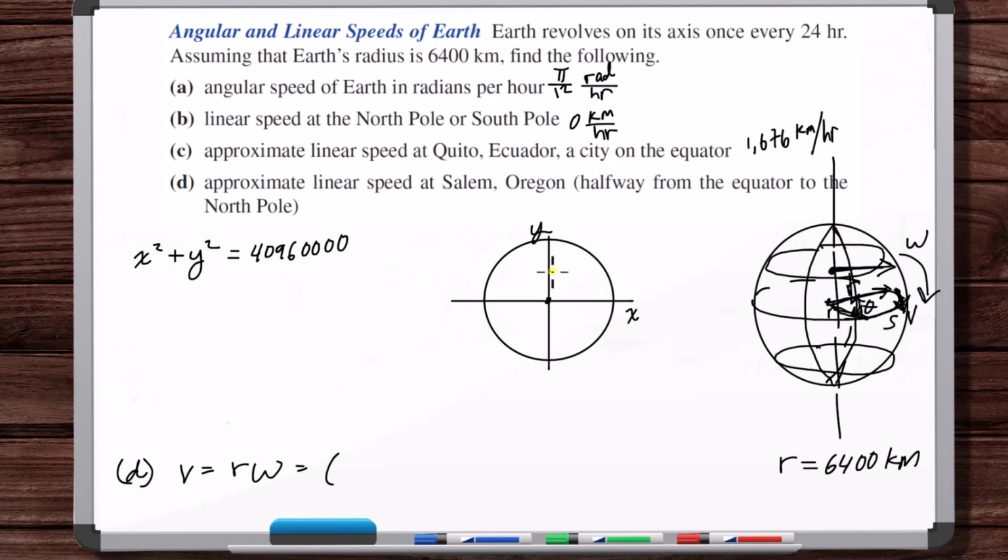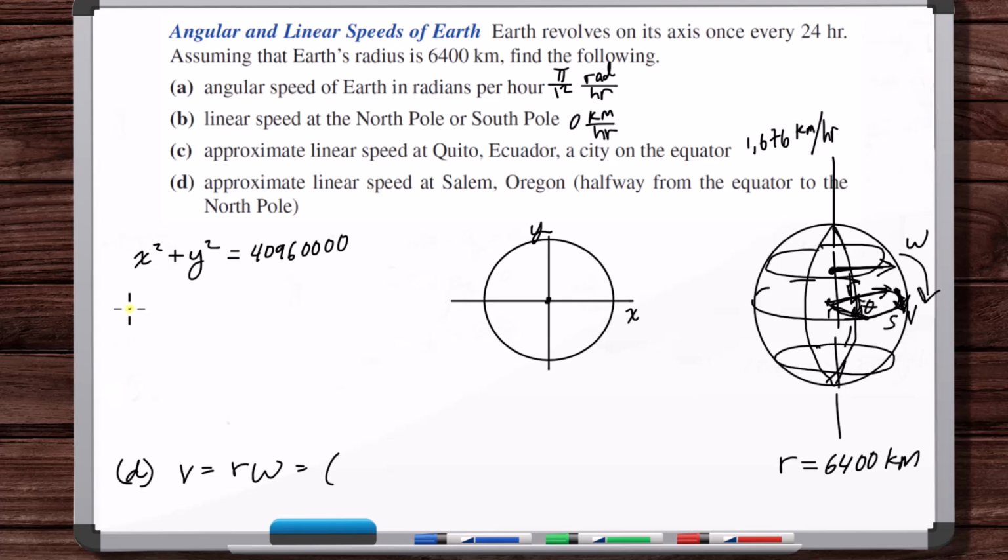And so what we're thinking about is the latitude circles are going to have radius equal to, that's going to be at this distance away from the equator. The latitude circle is going to have this radius. So what we want to do is set y equal to 3,200 and then solve for x.